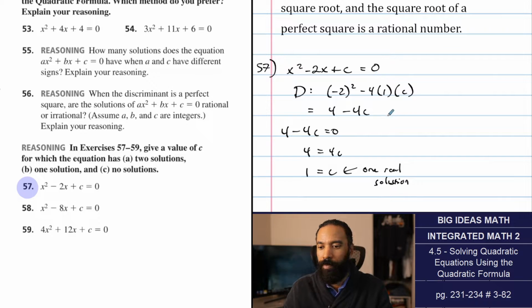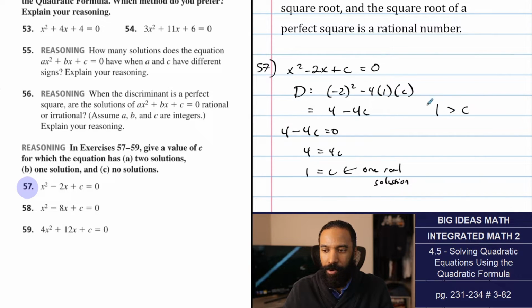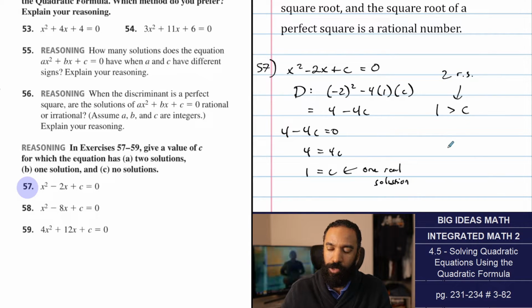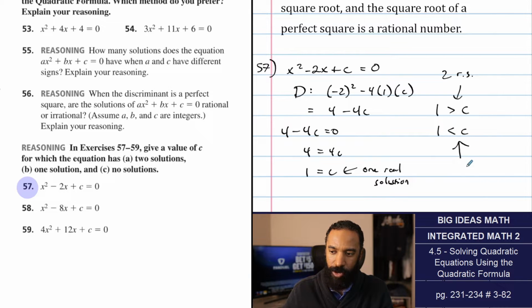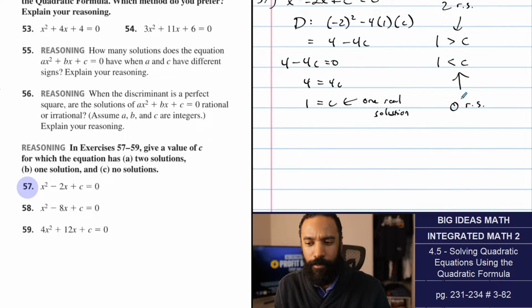When 1 is greater than c, or when c is less than 1, you'll have two real solutions. And when 1 is less than c, you'll have 0 real solutions. They said give a value of c.